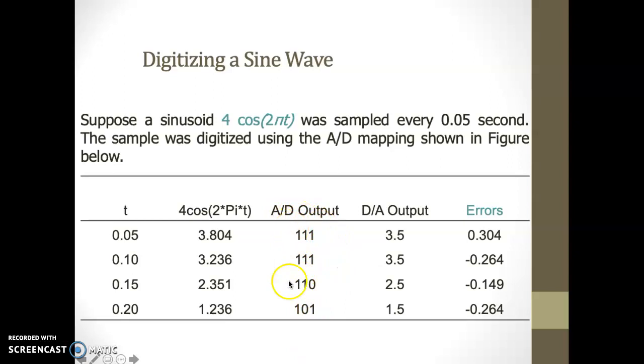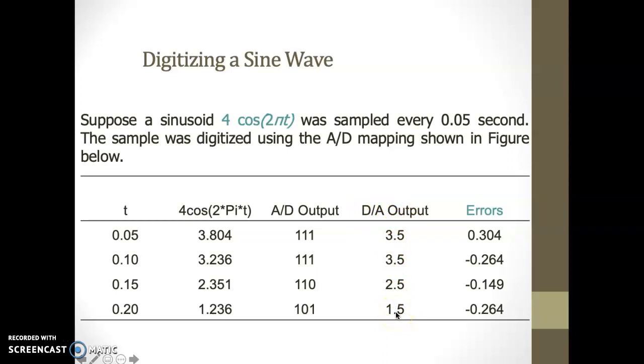Then you reconstruct back to get what was in the input. You do the decoder, where you do the digital to analog form, and you will get this.